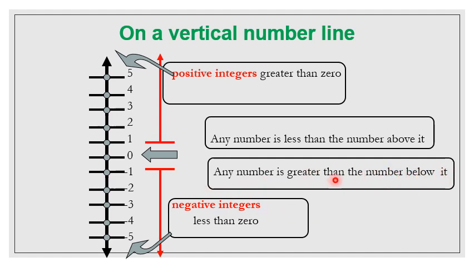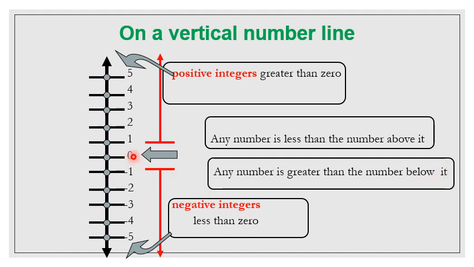If I want to compare positive 1 and negative 3, positive 1 will be greater than negative 3, because any number is greater than the number below it.